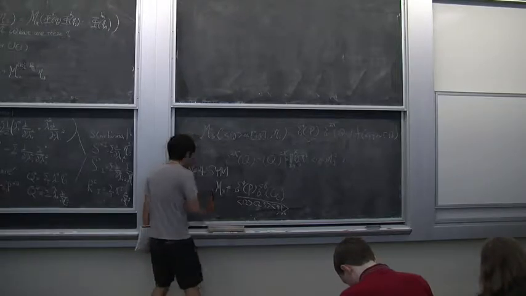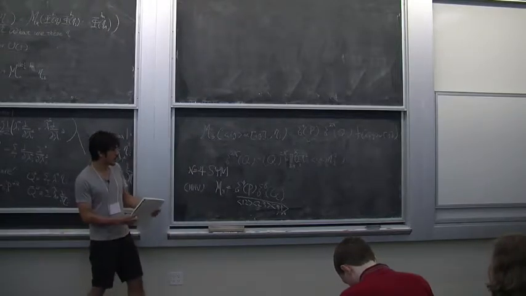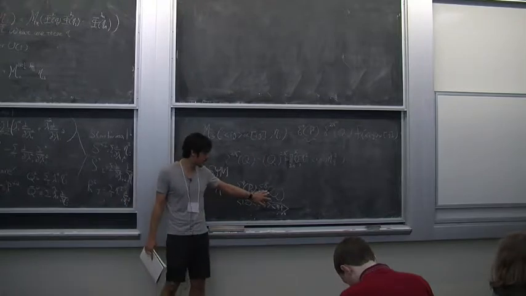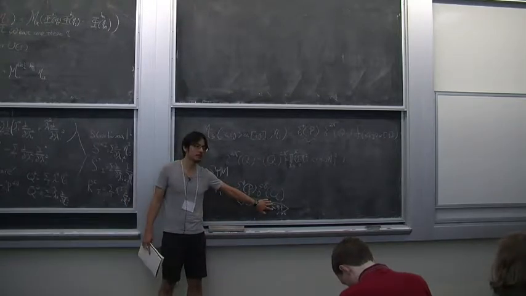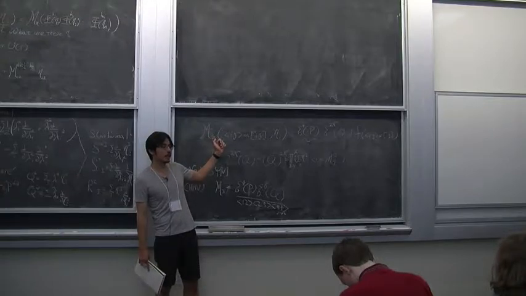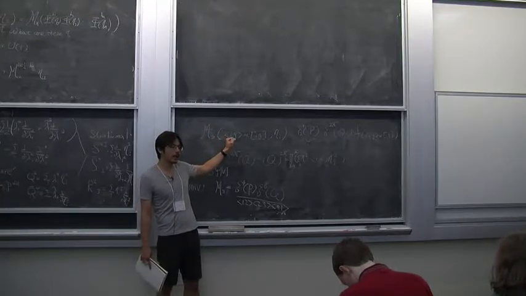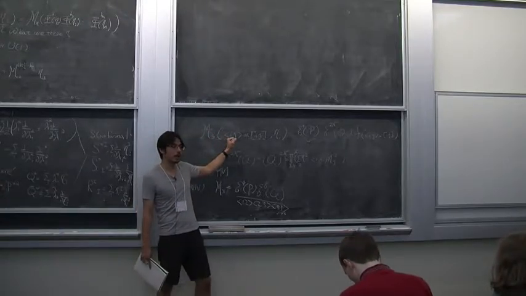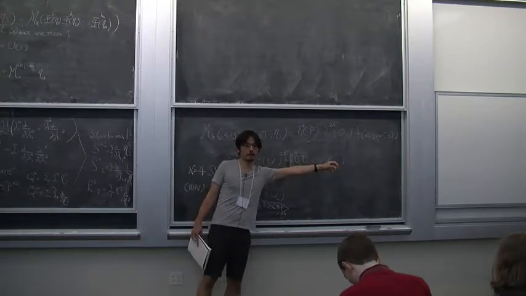The reason we call it MHV is if you look at the components, notice that this has delta 8 of Q. So this means that the total number of eta is 8. If you remember, if you just want to look at gluons, 0 number of eta corresponds to a plus helicity gluon, while 4 eta is minus helicity.